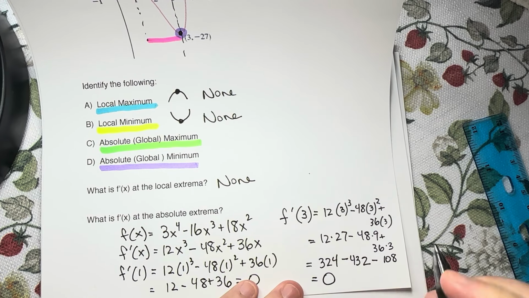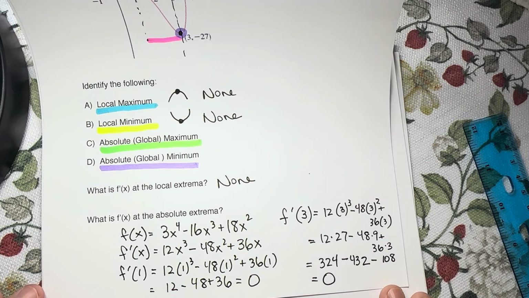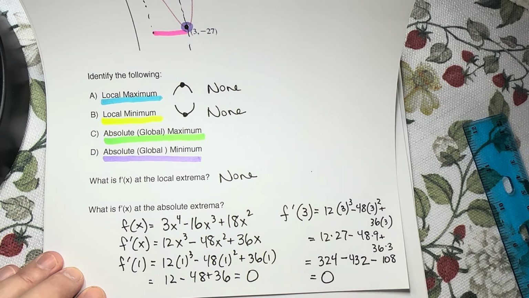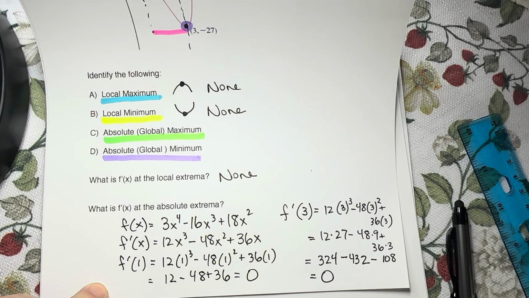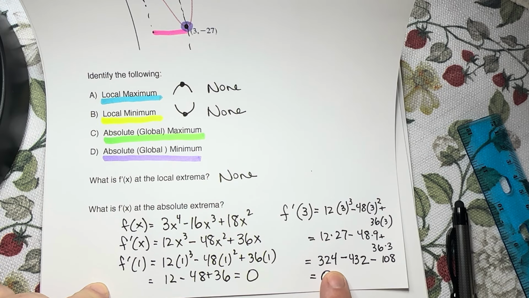And that, in fact, also equals 0. There we go. Woohoo! So the derivative at each of these is 0.